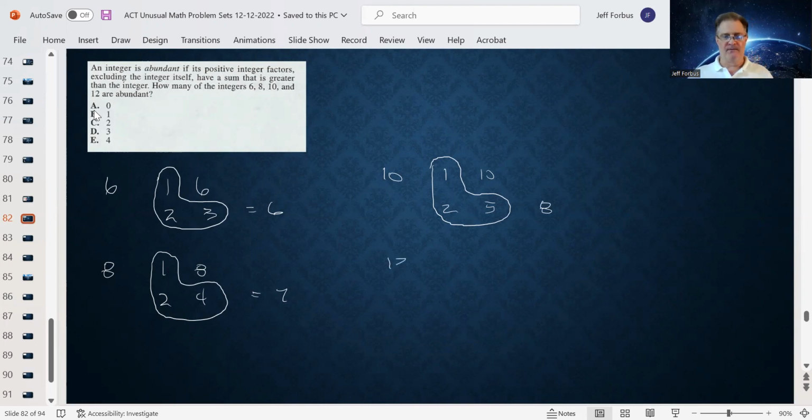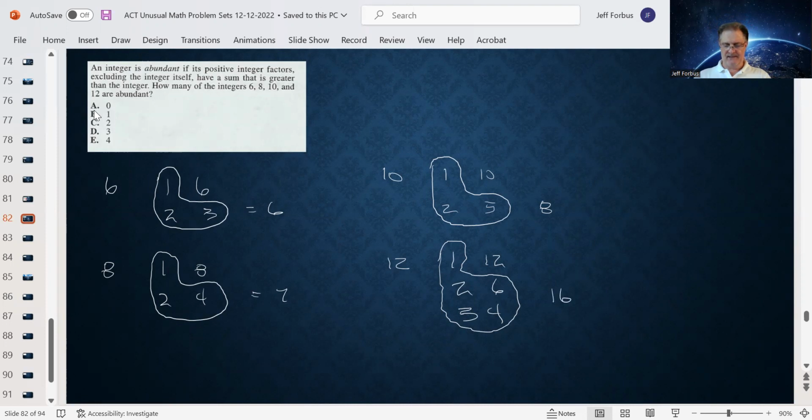Let's go to 12. It has factors of 1 and 12, 2 and 6, and then 3 and 4. We can't use 12, but we can use all the other factors. So 6 and 4 is 10, 13 plus another 2 is 15, and 1 is 16.